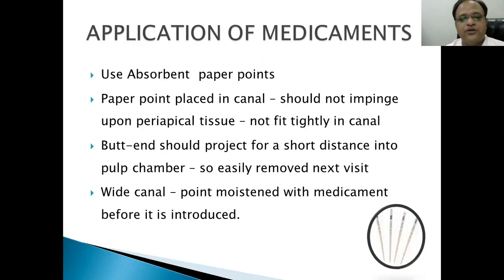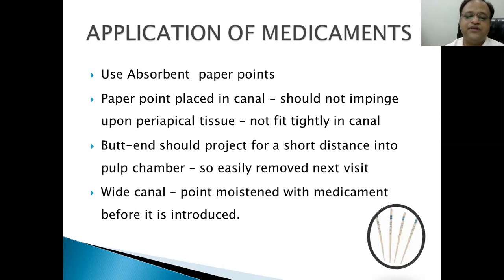Coming to absorbent paper points or gutta percha points, you can place paper points to check if the canal is totally dry or moist when the entire cleaning and shaping has been completed and your irrigation protocol has finished. Now you want to place your calcium hydroxide paste or any other intracanal medicament. Use paper points.